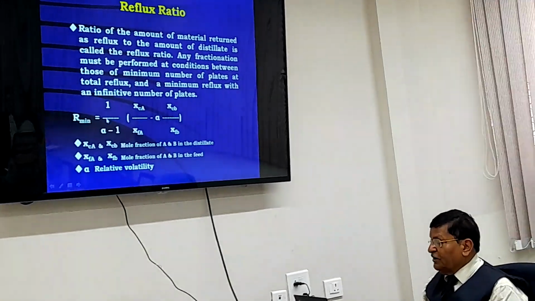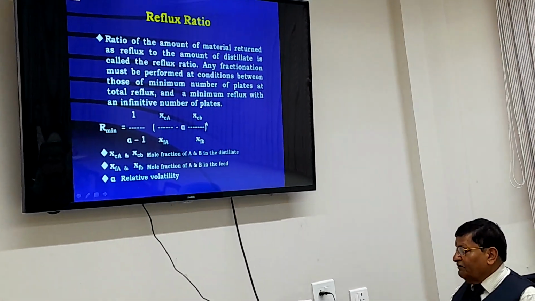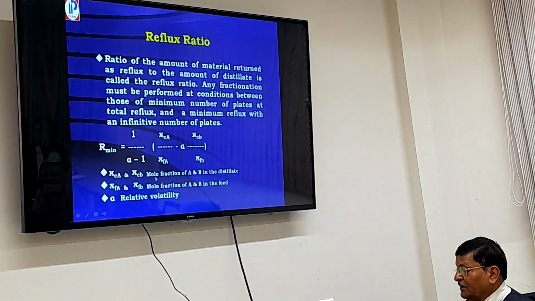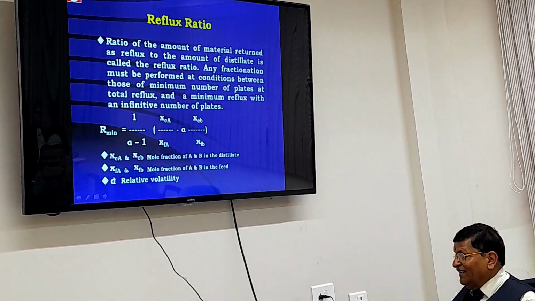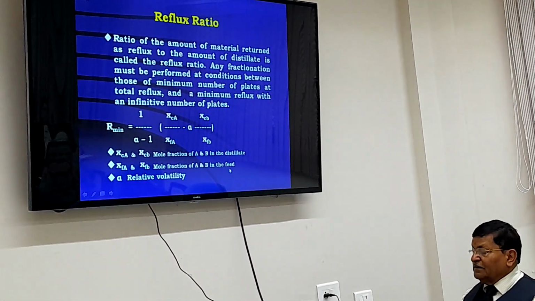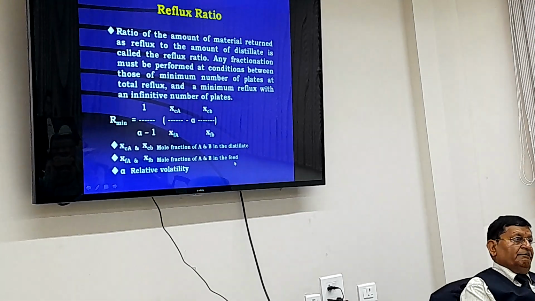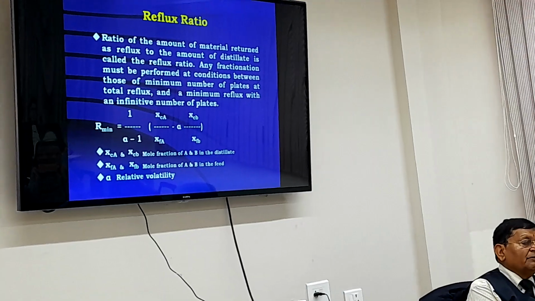R minimum is 1 upon alpha minus 1, times XCA upon XFA minus alpha XCB upon XFB. XCA and XCB are the mole fractions of A and B in the distillate. XFA and XFB are the mole fractions of A and B in the feed. So we have to find the mole fraction in the feed as well as in the vapor phase.